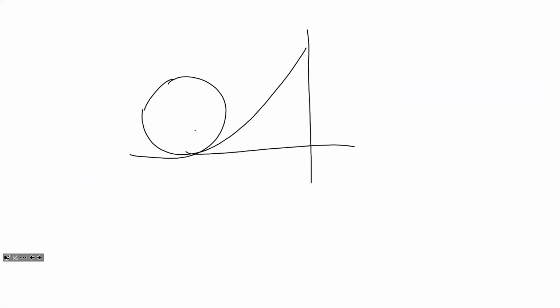From the bottom, y initial, this is 0. At the top it is 2R, and right here it travels to the right, and mgy initial plus 0 should be equal to mg2r plus mv squared over 2.